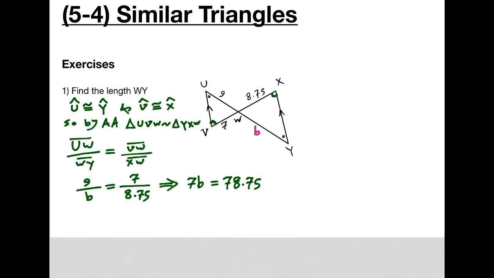Now to find the value of b, we should divide the right hand side by 7. So b equals 78.75 divided by 7, which is equal to 11.25. And that's it. This is the length of WY.